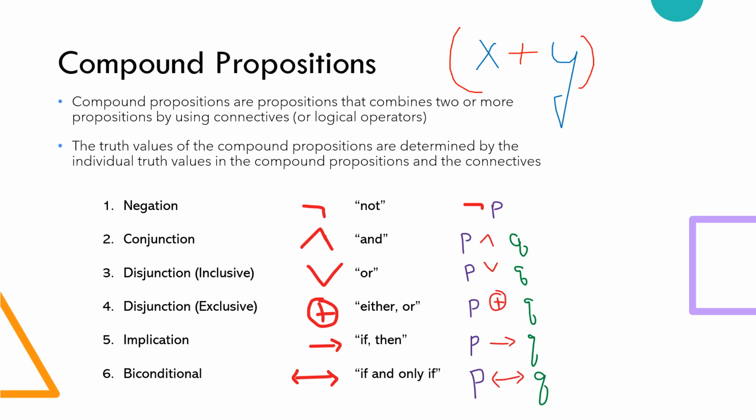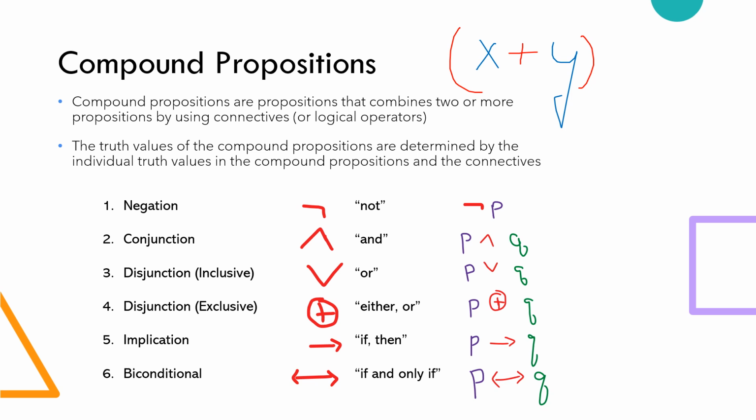And on the right, you can see how the connectors are used to combine different propositions. So if I have a proposition P and a proposition Q, just like what I did with X and Y, I can use these connectors or logical operators to make a compound proposition. And just like these simple examples, I can use many operators to make a bigger compound proposition.